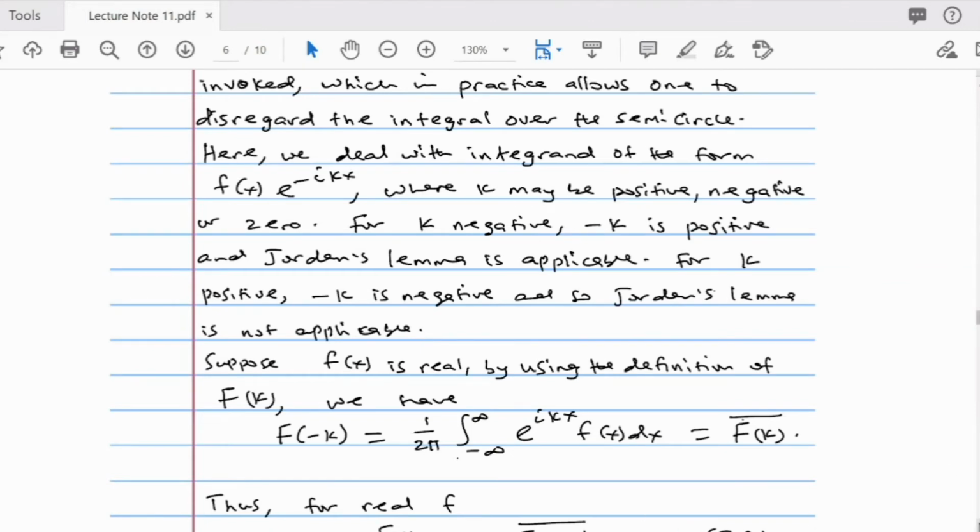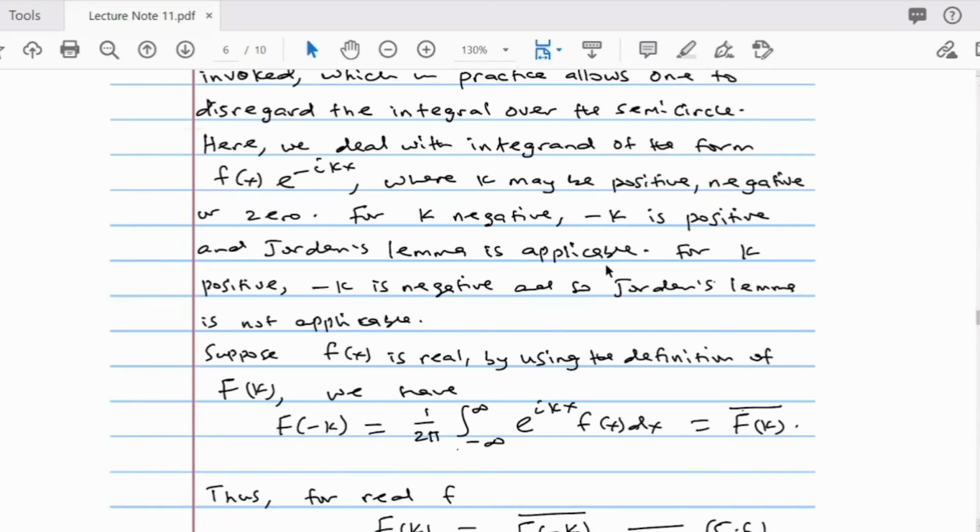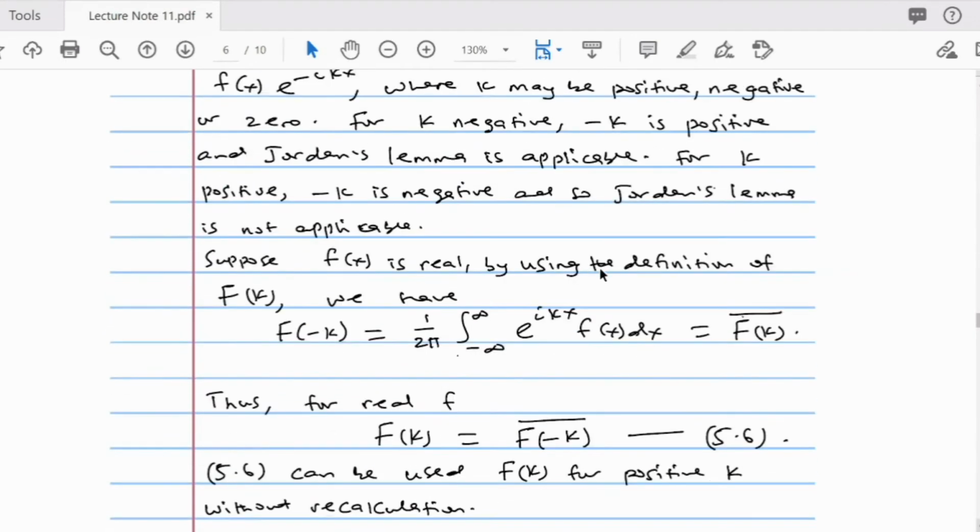Suppose that f(k) is the Fourier transform of f(x). If you put your k as minus k in the derivation, you're going to get this. Is that okay? So let us call this the conjugate of this.